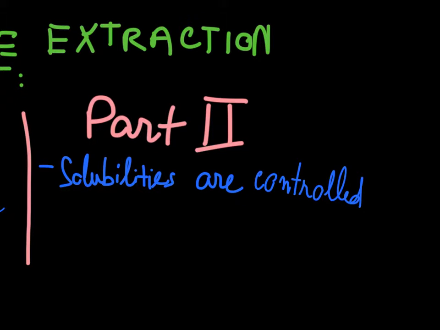What I mean by this is that if you have an organic acid that is insoluble in water, you can manipulate its solubility to make it soluble in water by adding sodium hydroxide to produce an organic salt which is soluble in water. I will explain this in more detail in the next slides.